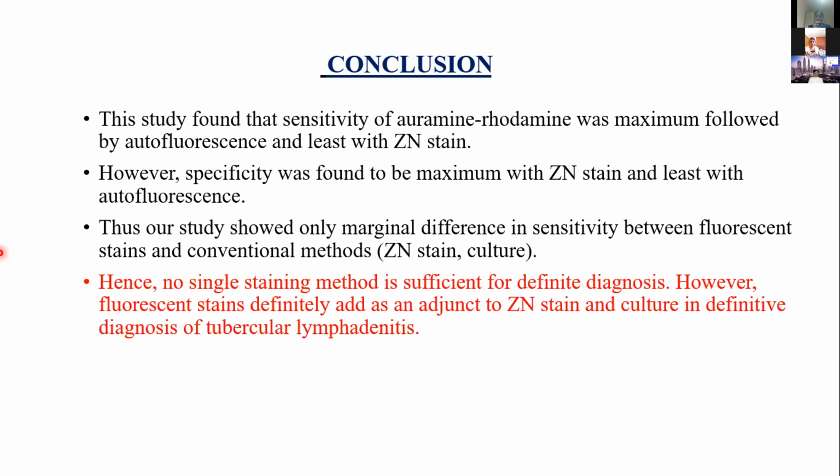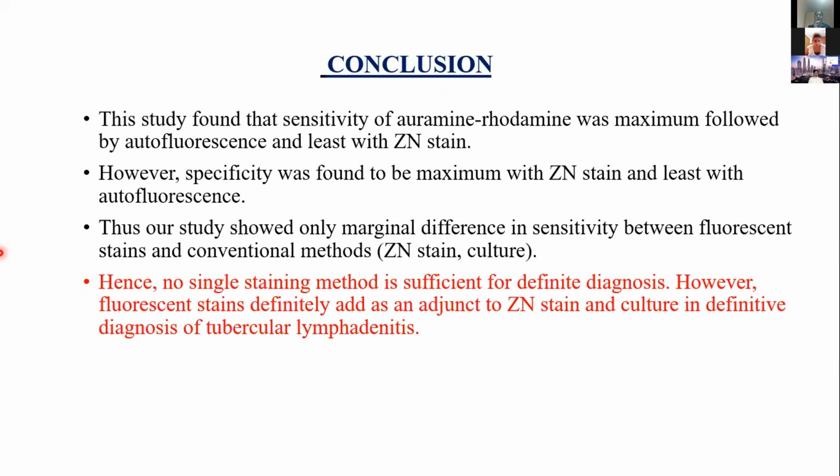So what I concluded, and I think you all will also agree, is that in this study sensitivity of auramine rhodamine was maximum, followed by autofluorescence and least with Ziehl-Neelsen. However, specificity was maximum with Ziehl-Neelsen stain and least with autofluorescence.